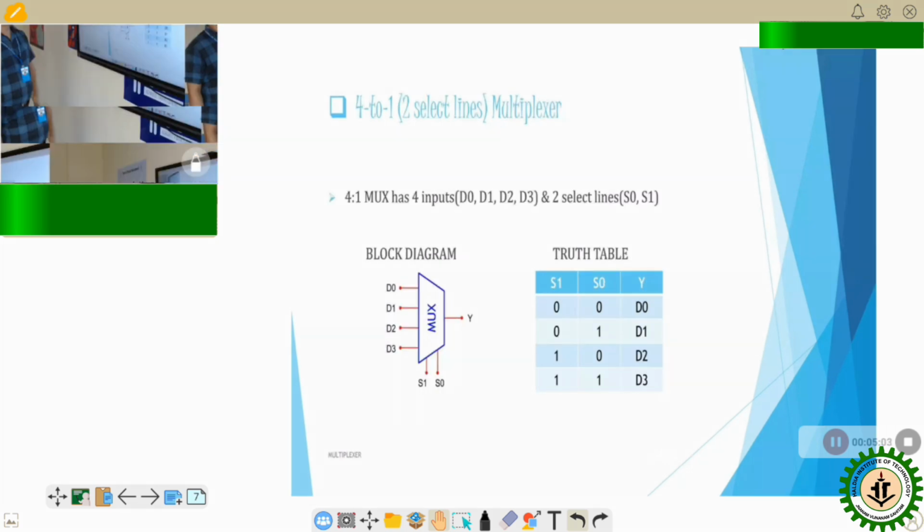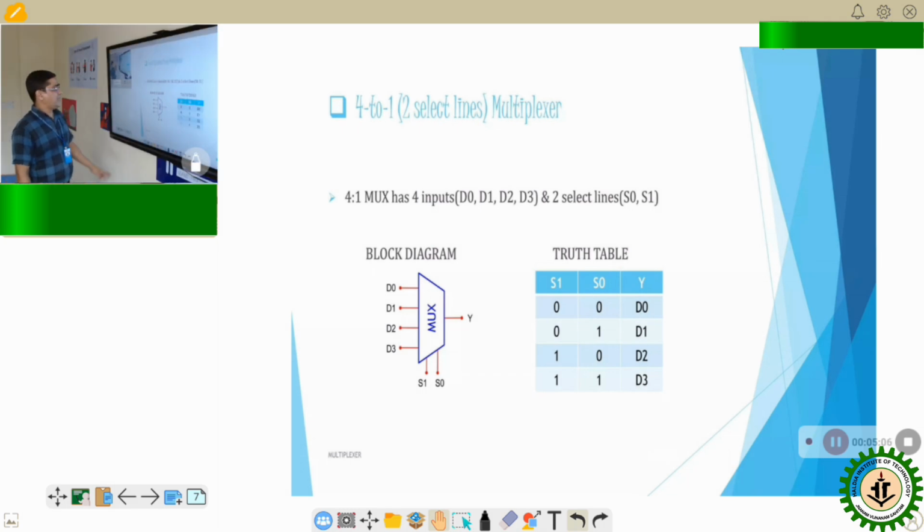Similarly, the 4:1 multiplexer has the select inputs S0, S1, and we get the output Y. The select inputs S0, S1 select among the data inputs D0, D1, D2, D3, and we get the output Y. The combination of two select inputs gives 2 to the power 2, that is 4 variations: 0 0, 0 1, 1 0, 1 1.